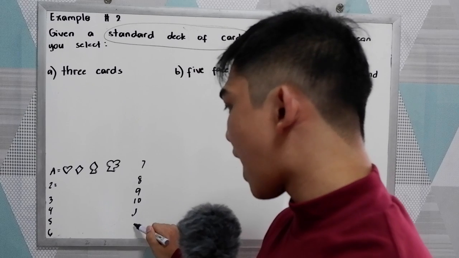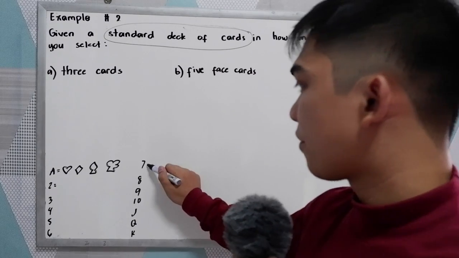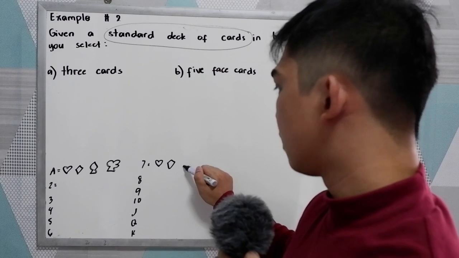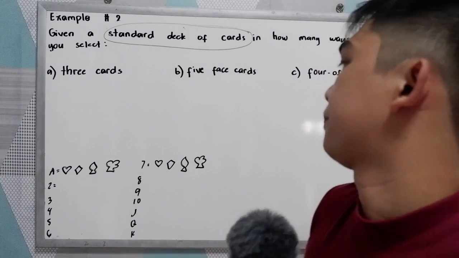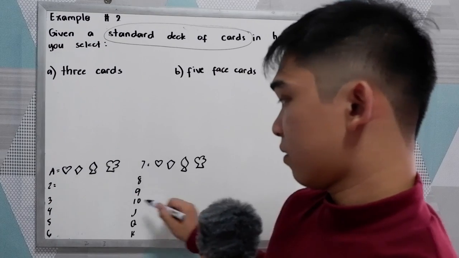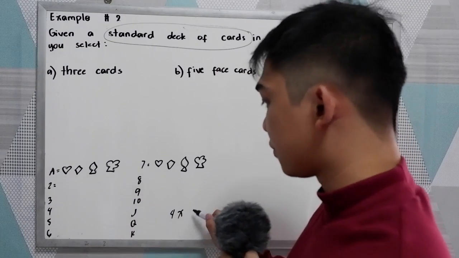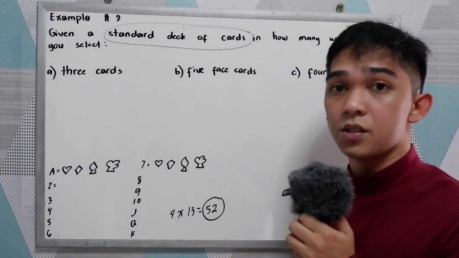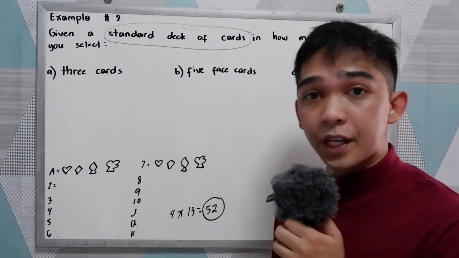We also have the jack, queen, and king. And for every number, we also have the diamond, the heart, the spade, and the clover. So overall, there are 4 of each kind, times a total of 13. In the standard deck of cards, we have 52 cards. So in 52 cards, we're going to select 3.